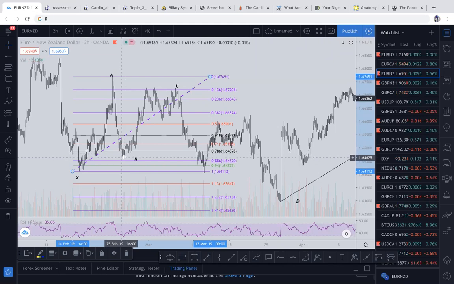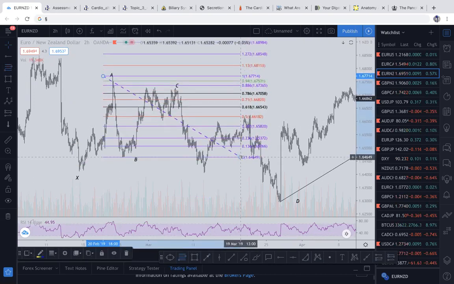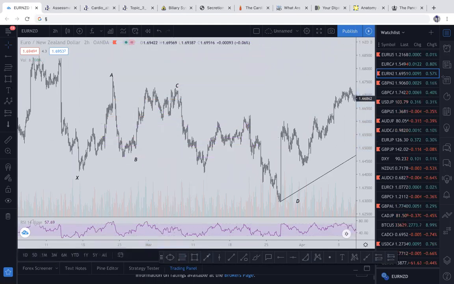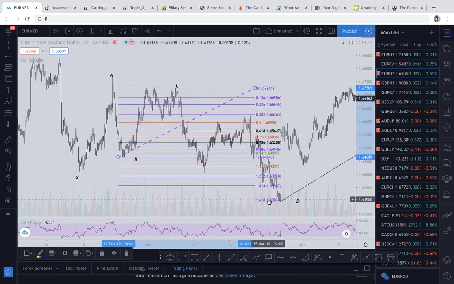If I have 78.6, what pattern am I looking at? No, butterfly, yes. I'm looking at the butterfly. So now I can fib A to B and I can confirm my C leg is 50% and above. Now my D is going to be B to C and 61.8 level.